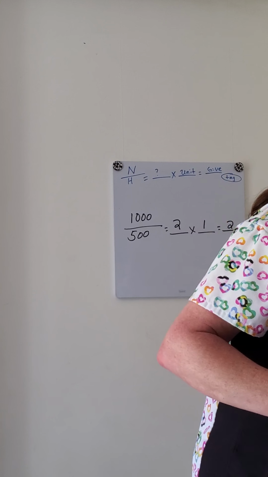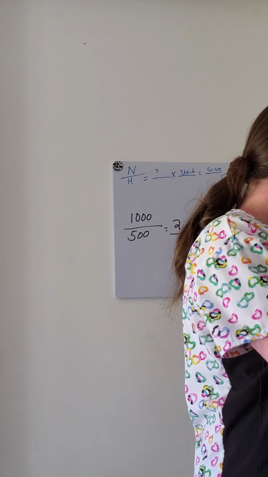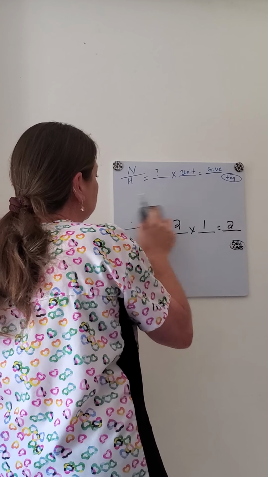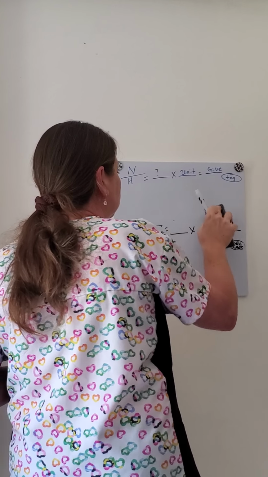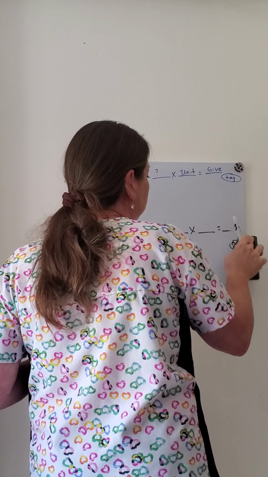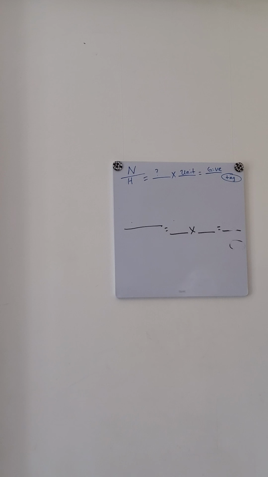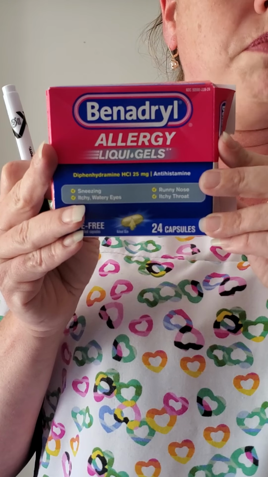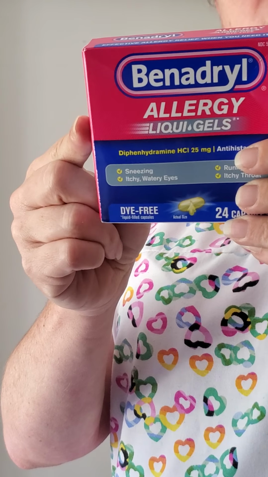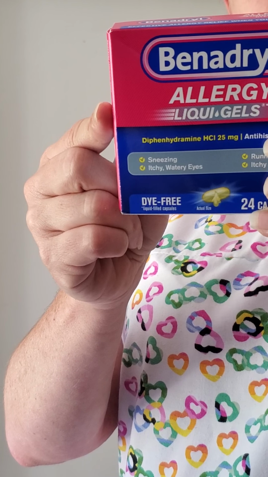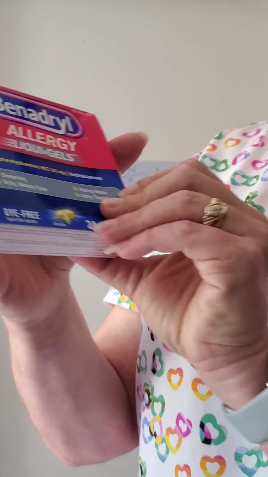I'm going to do one more. Another common medication to have around, right? Benadryl. So the Benadryl comes with the active ingredient of diphenhydramine, HCl, 25 milligrams.